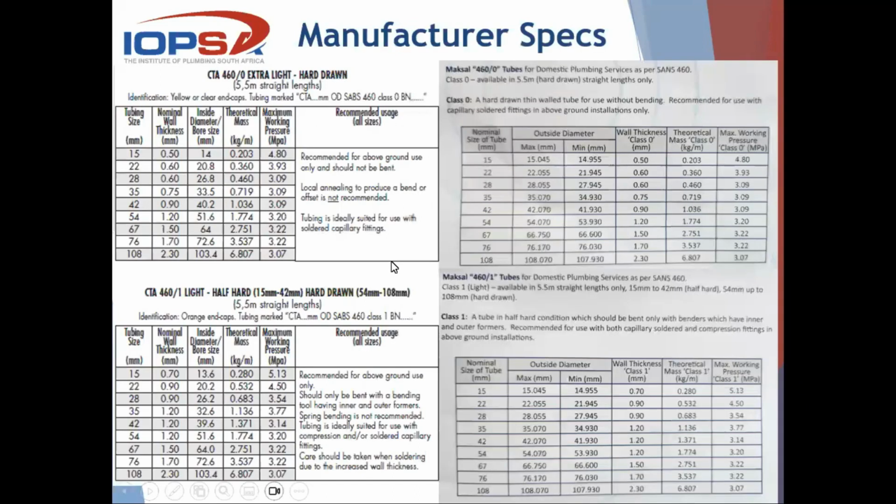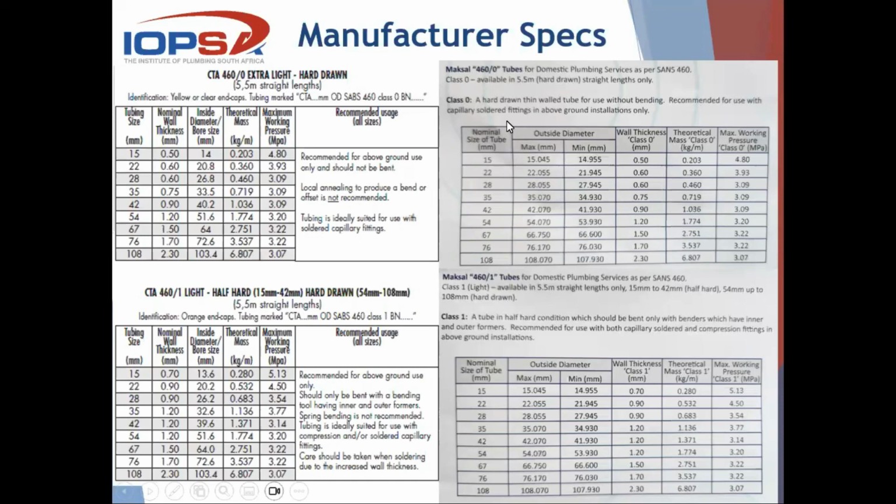So if we look at some of the manufacturer specifications here, we've taken two of the more prominent pipe manufacturers in South Africa. On this one it says recommended usage, and on Class 0, recommended for above ground only and should not be bent. So I think that's quite clear.